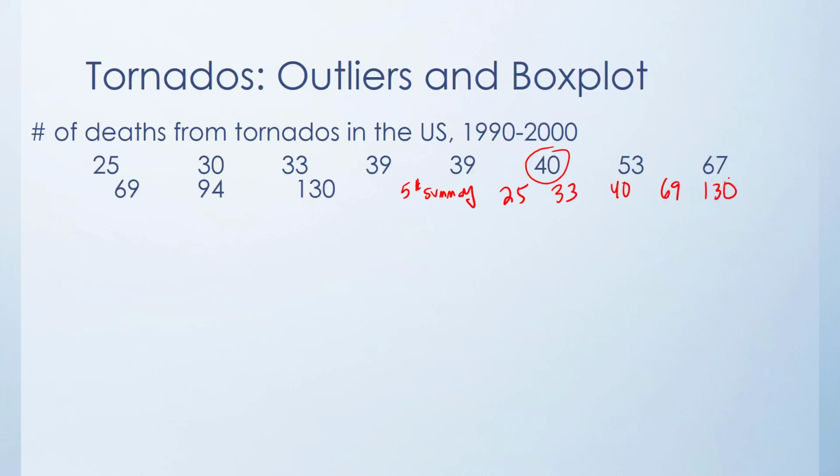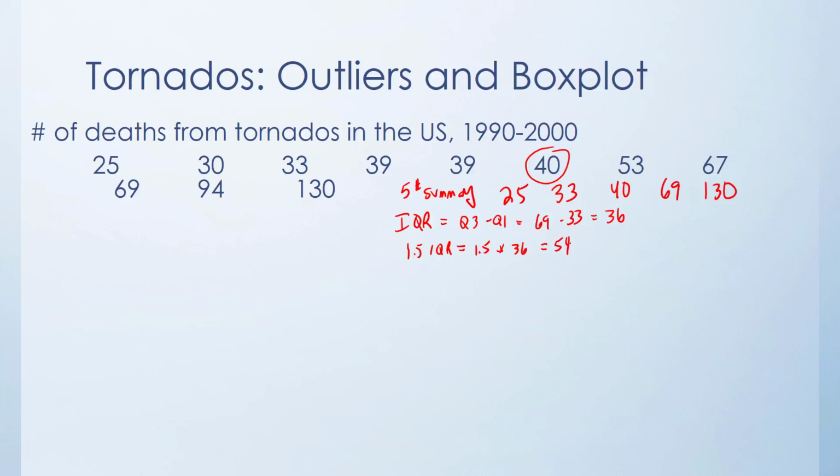And so here we have our interquartile range, which is our Q3 minus our Q1. So we've got 69 minus 33, which is equal to 36. Then we're going to grow that by 1.5, making it 50% bigger. So we're looking at 1.5 times 36, which is 54.